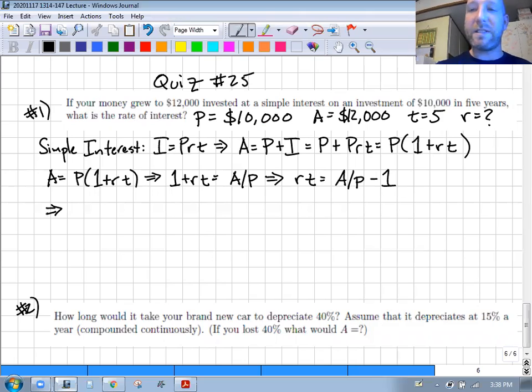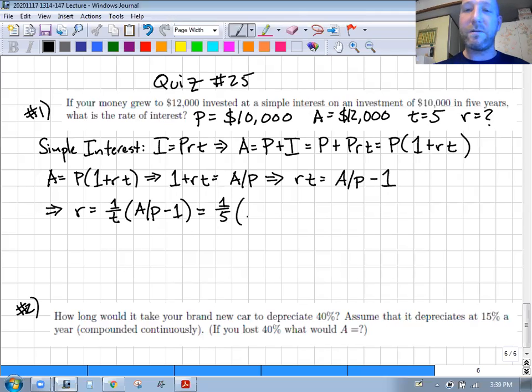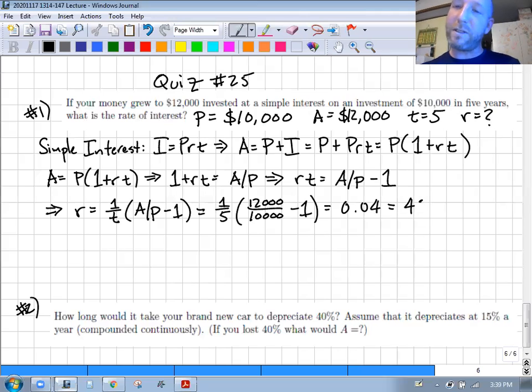And now divide both sides by T. We have 1 over T times A over P minus 1, which in this case is 1/5 times 12,000 over 10,000 minus 1. So 12,000 divided by 10,000 minus 1 is 0.2. Now divide that by 5. We get 0.04, which is 4%.